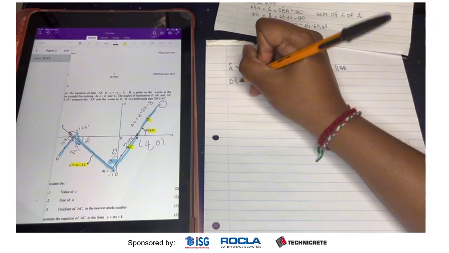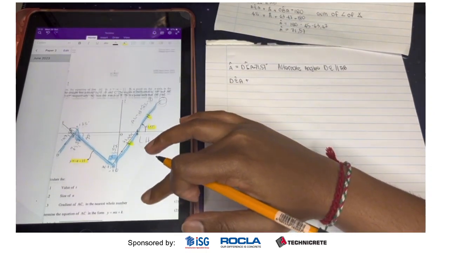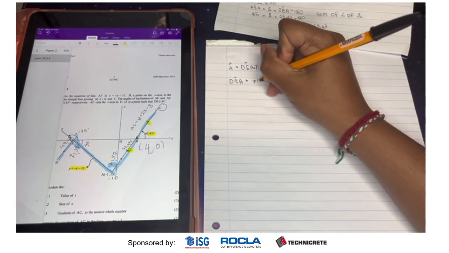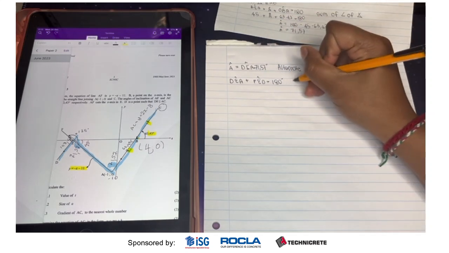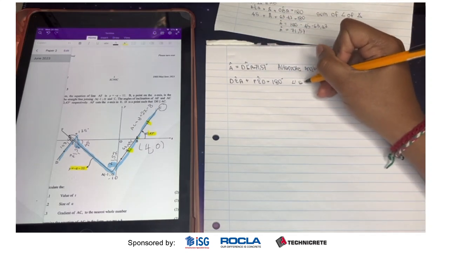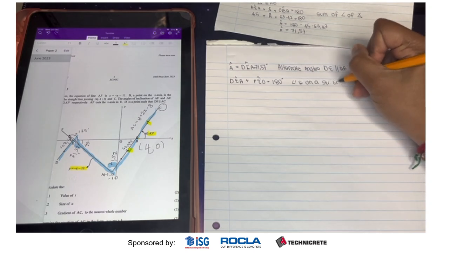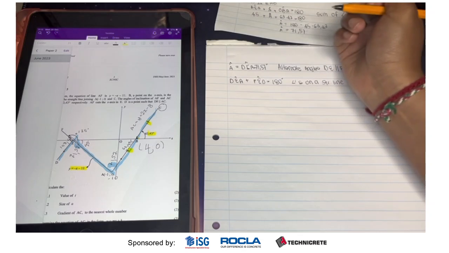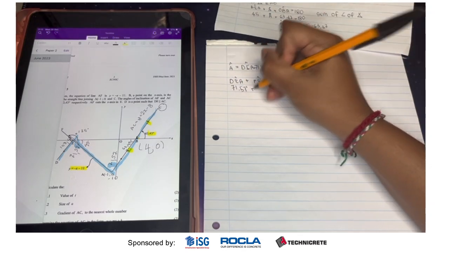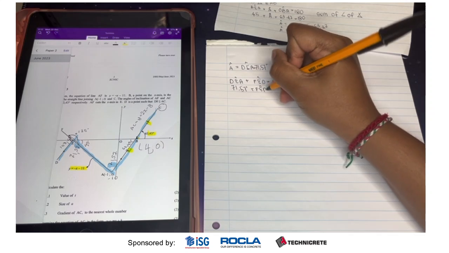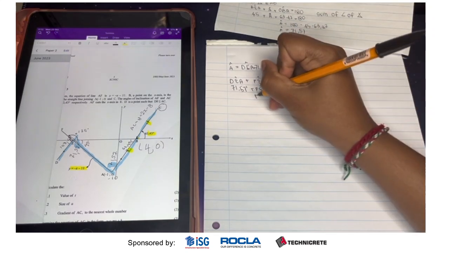Angle DEA plus angle, what angle are we finding? FED equal to 180, angles on a straight line. So DEA, what did we say? It's 71.57 plus FED is equal to 180.